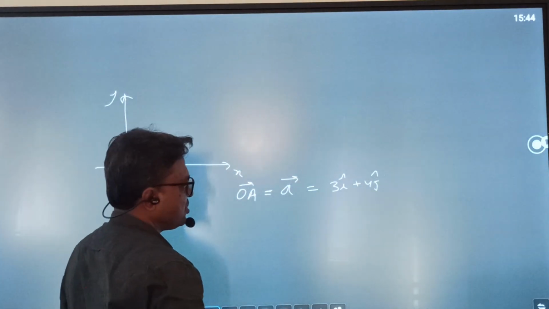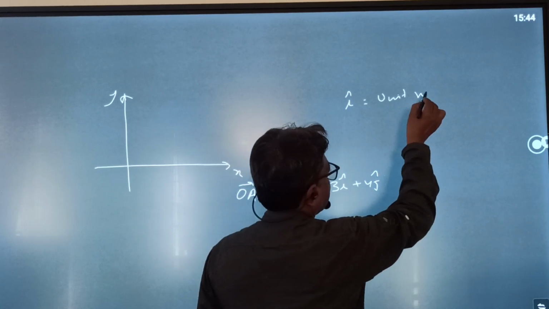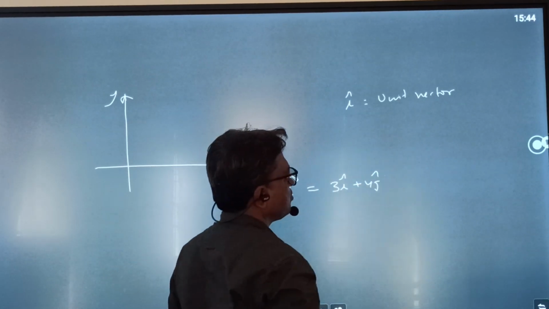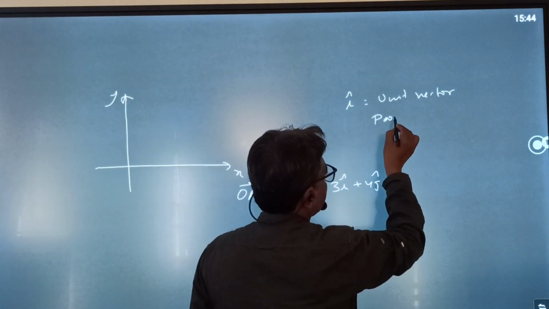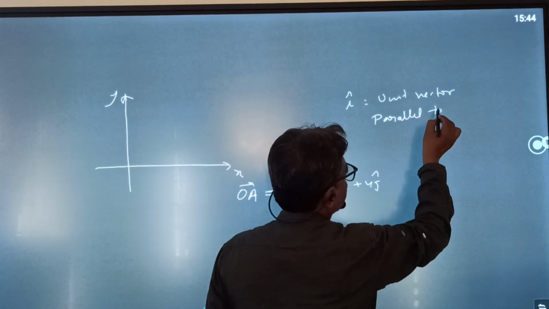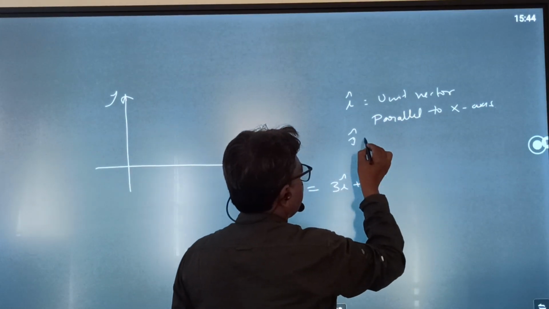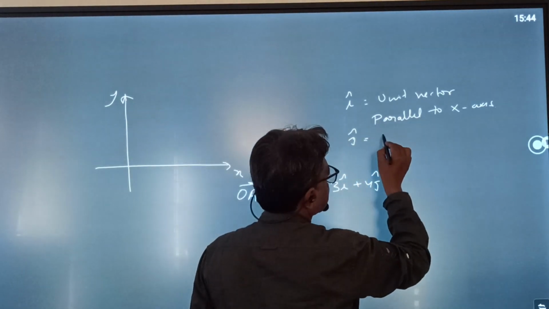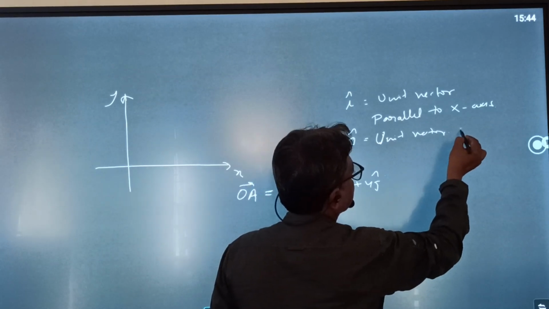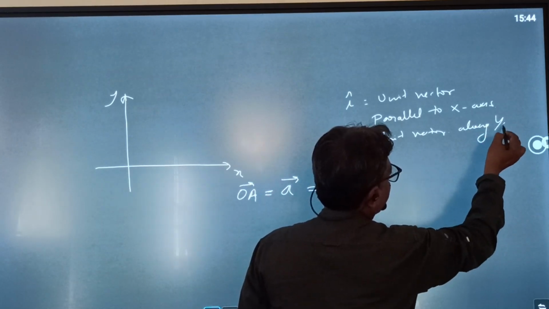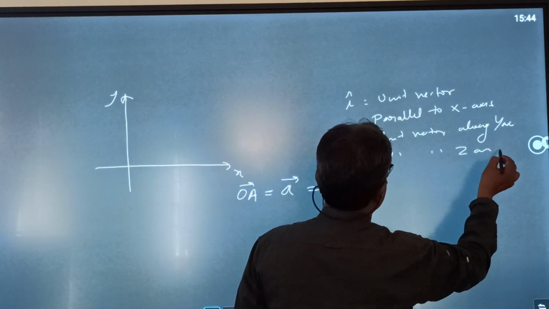So this i, j and k, i cap, is a unit vector, meaning i is a vector whose magnitude is 1 unit. So i cap is a unit vector parallel to the x-axis. Similarly, j is a unit vector along the y-axis, and k cap is a unit vector along the z-axis.